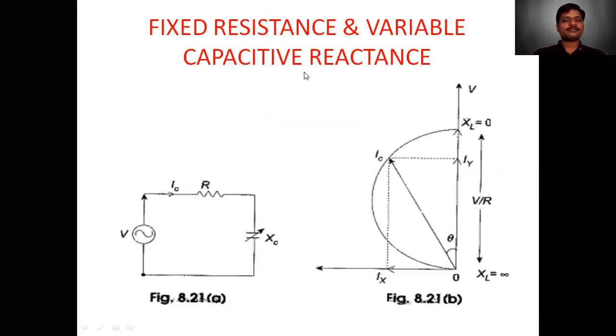So in a similar fashion, we are going to take an RC circuit. This time resistance is fixed and capacitance is variable. Okay. Now when you look into the diagram, capacitance is variable here, resistance is fixed.